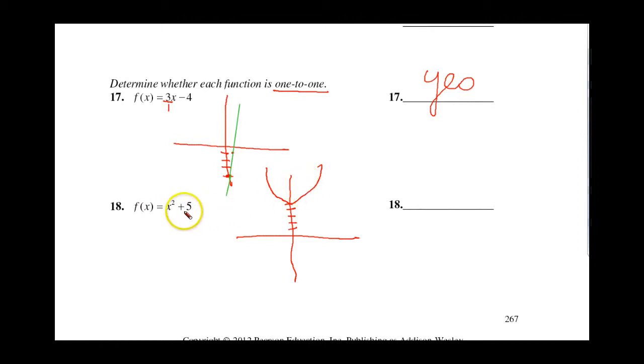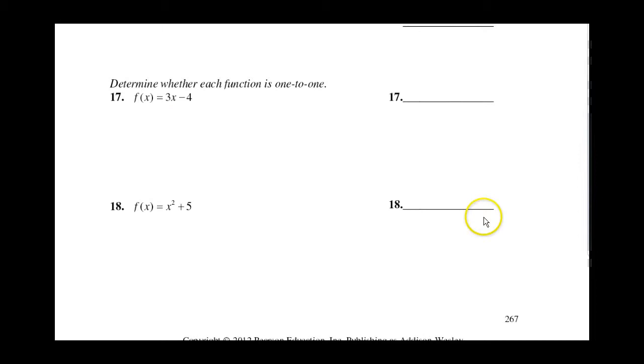But does it pass the horizontal line test? And the answer is no. So this is not a one-to-one. This one is yes. It passes both vertical and horizontal. This passes the vertical, but not the horizontal. So this is not a one-to-one.